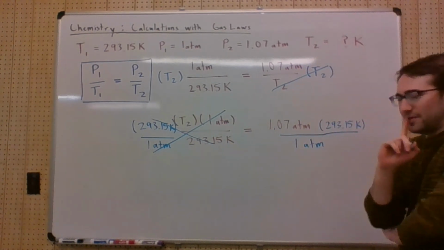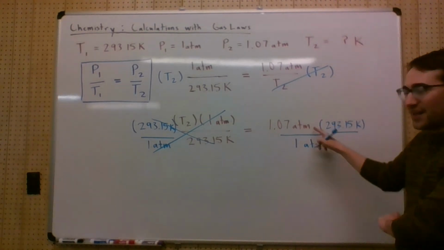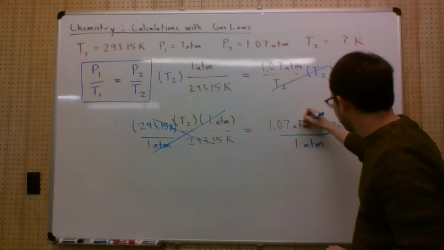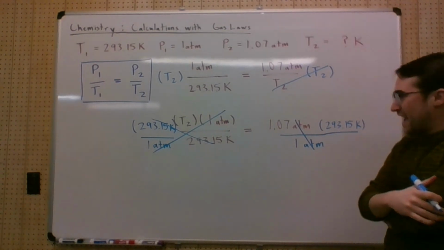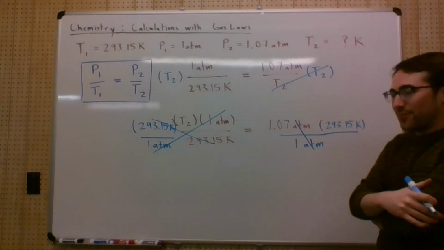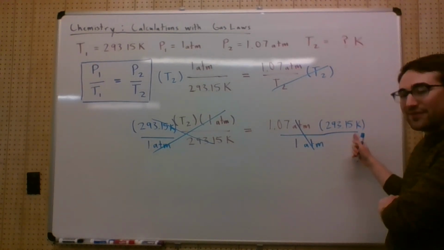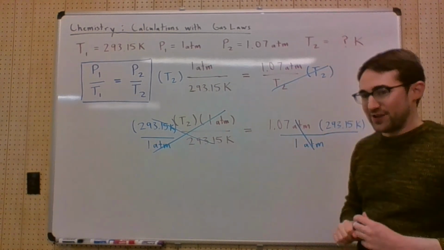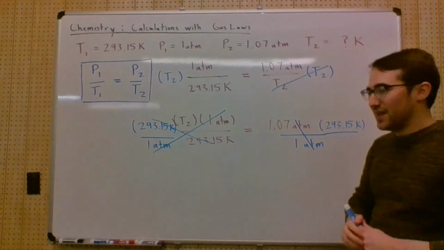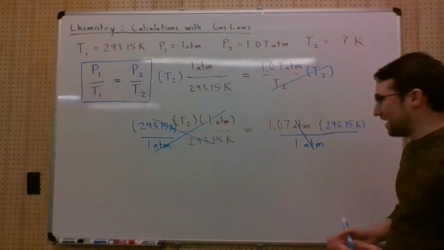Okay, well, I've got units that can cancel here. So to figure this out, I should wind up with just the unit of Kelvin on the right side, which is what I want. I want to figure out the new temperature here. So let's summarize this and then solve for it.